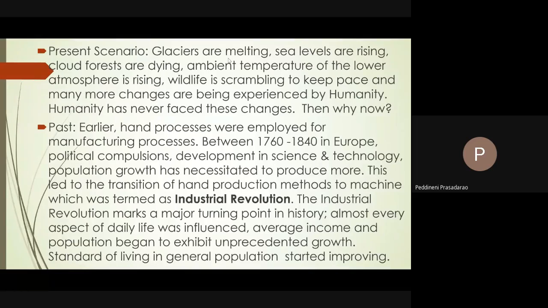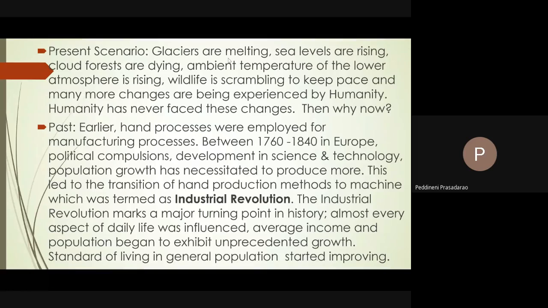There was growth in science and technology, and as a result there was population growth. All these things necessitated going for more production, because once there is more population, automatically you have to produce more. So there were some compulsions.